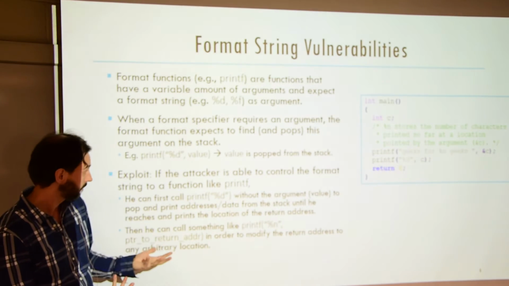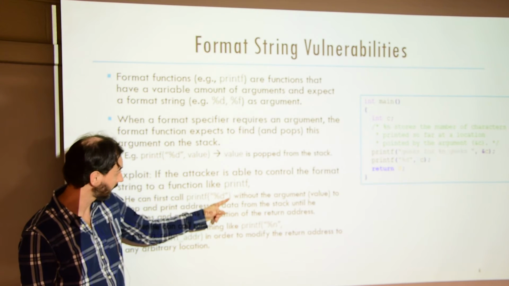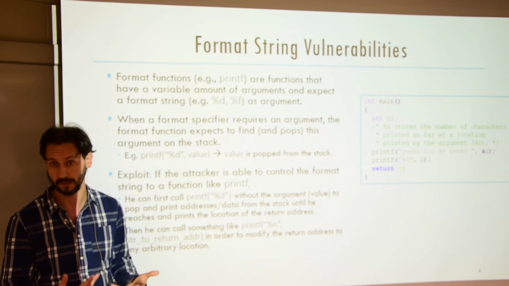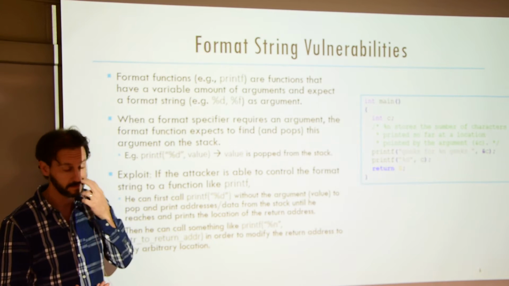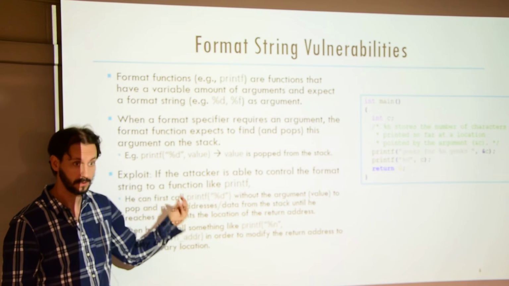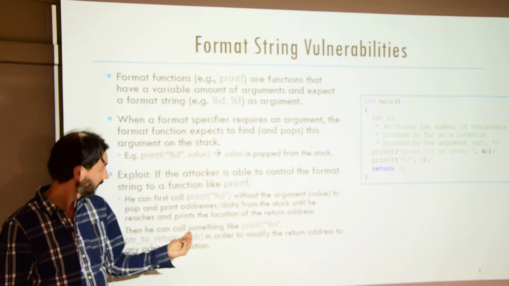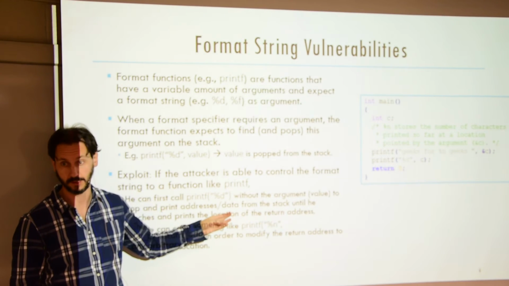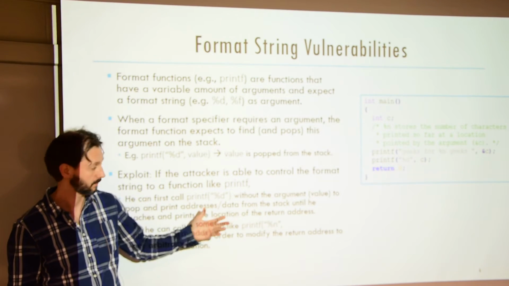Now, it may be the case that I have not added an argument here. Doesn't matter. The compiler does not raise an exception. The point is that you still pop a value off the stack. So if you do that repeatedly, you could potentially go towards the location of the return address and then figure out what that is.